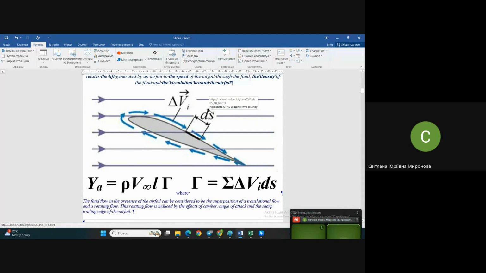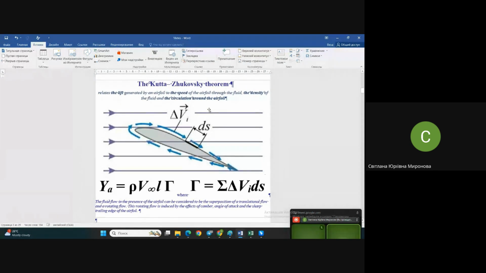What is this Zhukovsky-Kutta theorem about? You see now a couple of formulas.